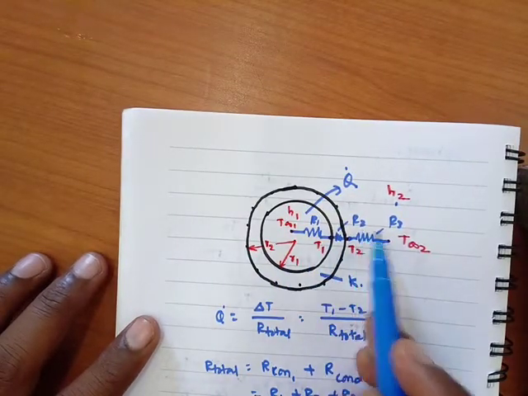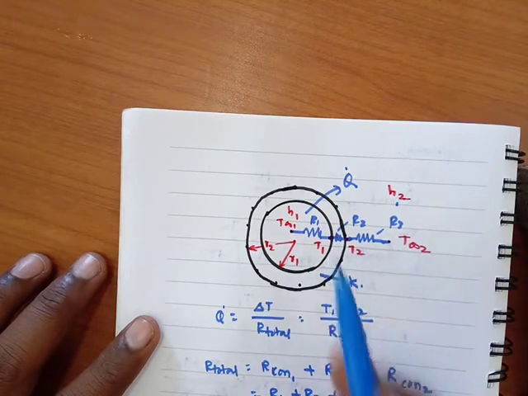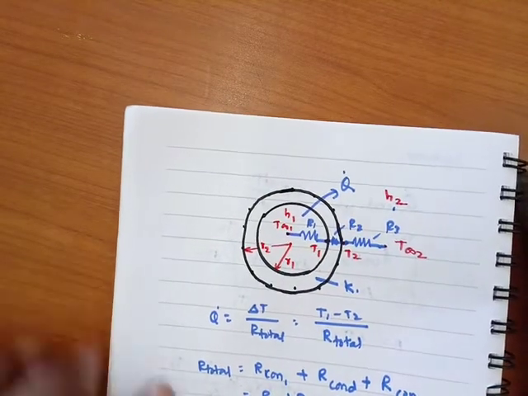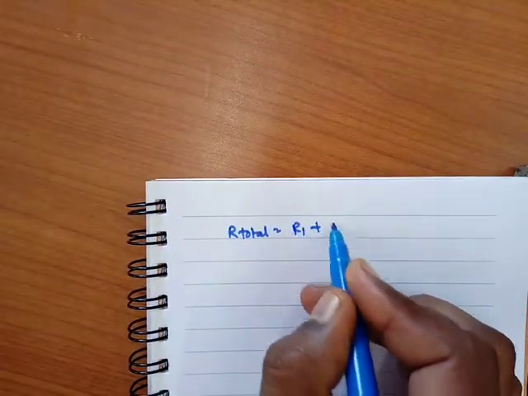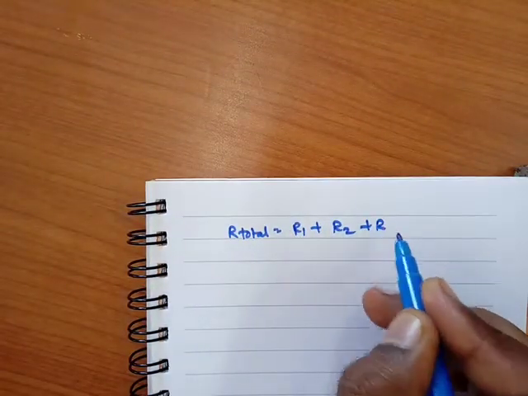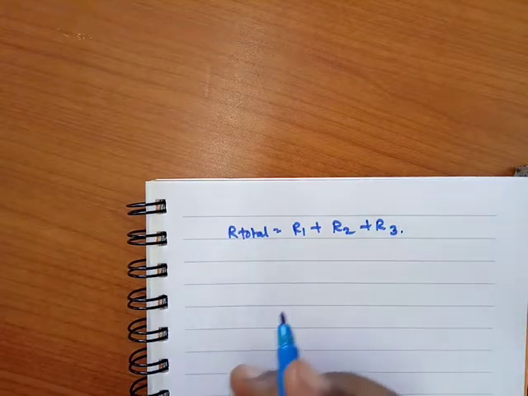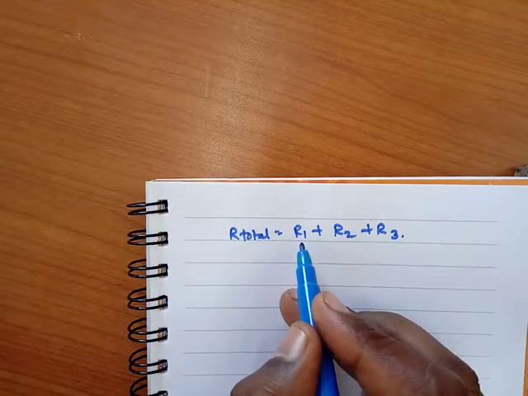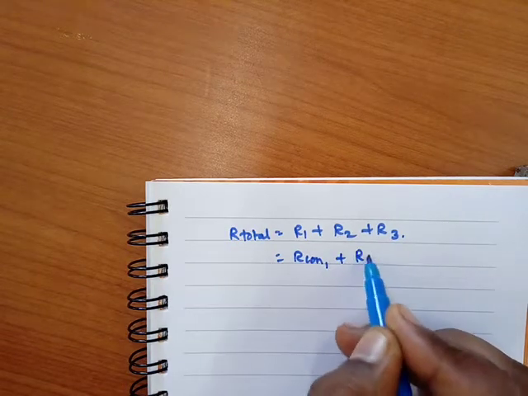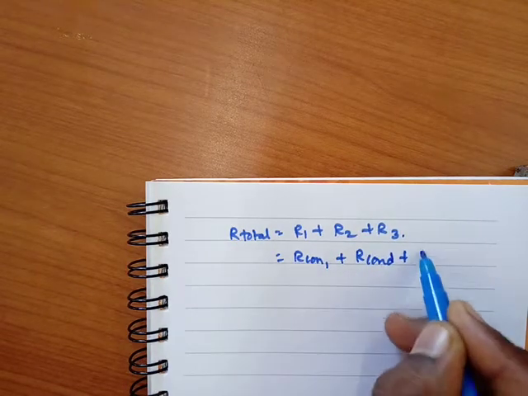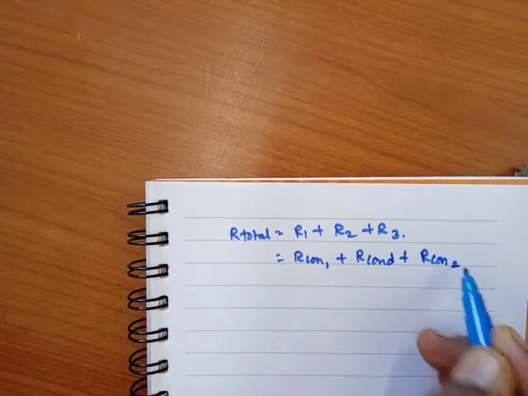So R1, R2 and R3, these are again the same, the resistances available in series, and from that we will see R1 plus R2 plus R3. So here R1 is by convection heat transfer, R convection 1 plus R conduction plus R convection 2.